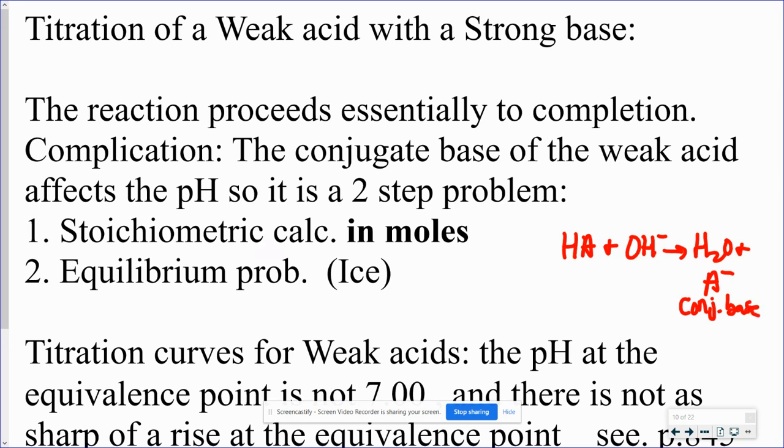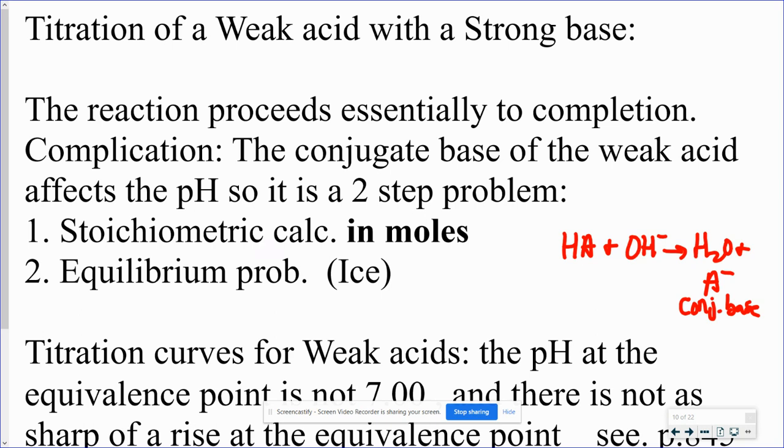So the beginning part is the same as doing the strong acid, strong base. With your stoichiometry, you always have to react how many moles of each have reacted, and then what you have left is then what will decide your pH. When you have some weak acid and its conjugate base, you could use the shortcut of the Henderson-Hasselbalch equation.